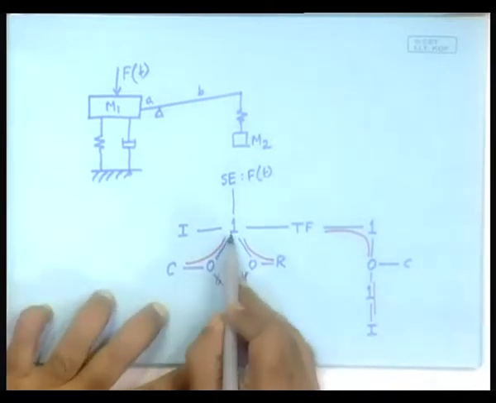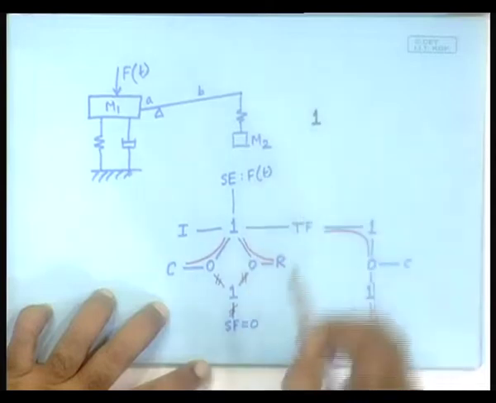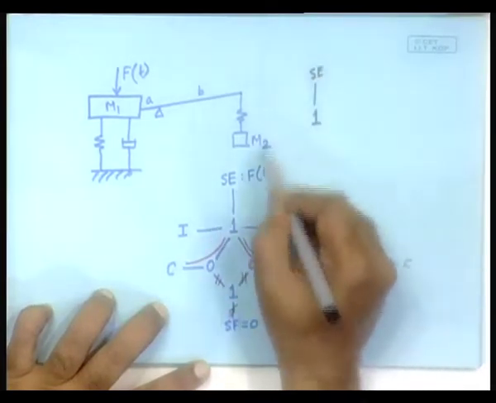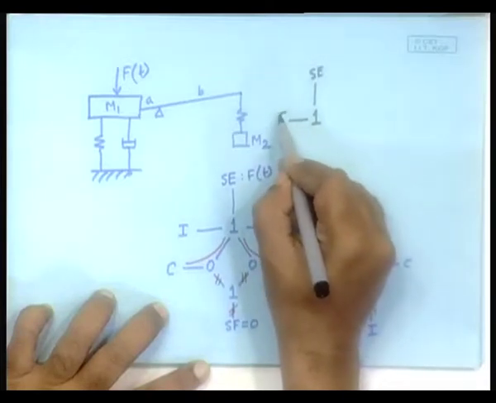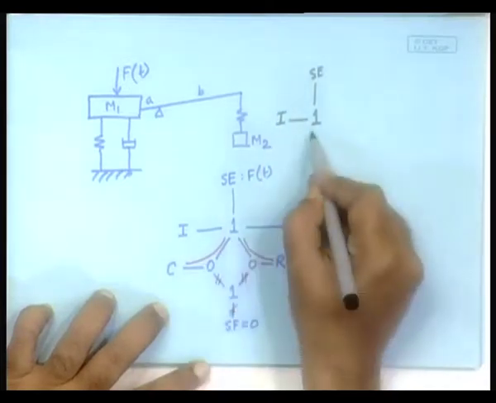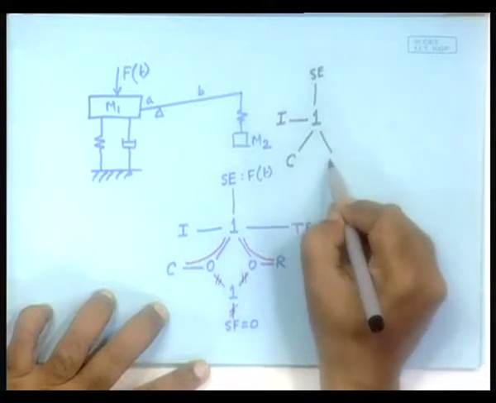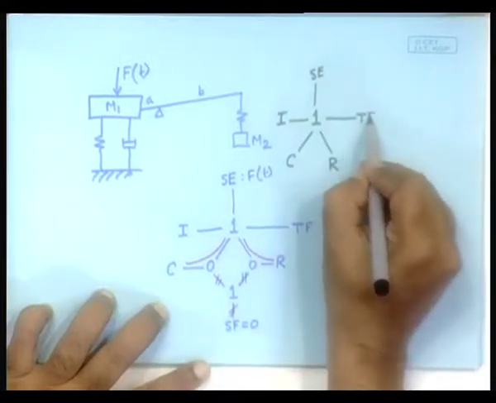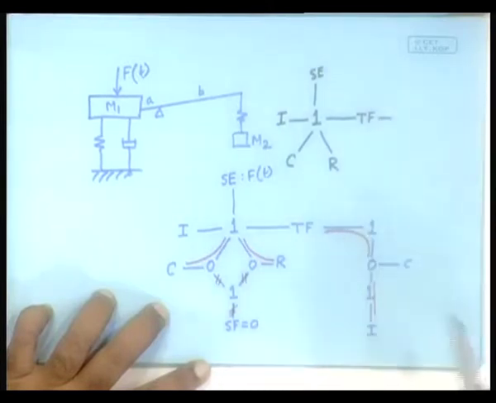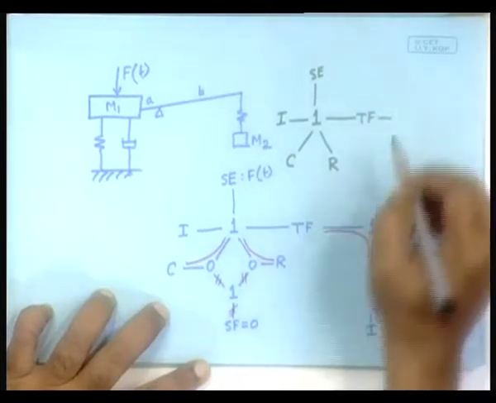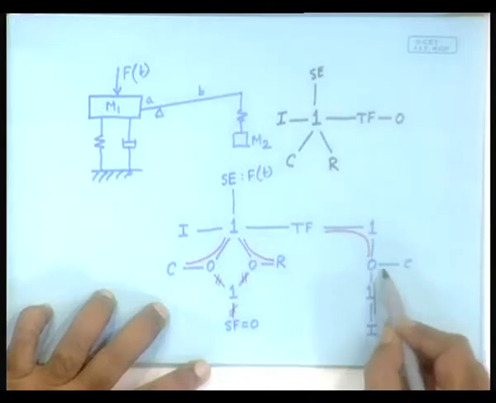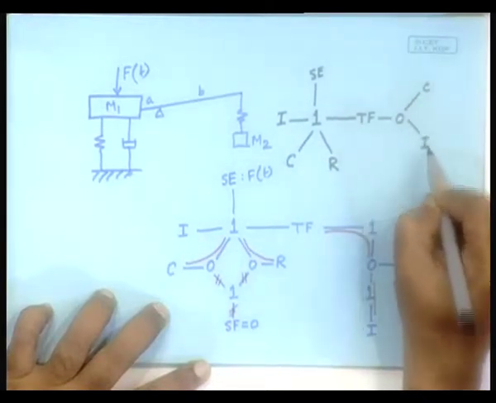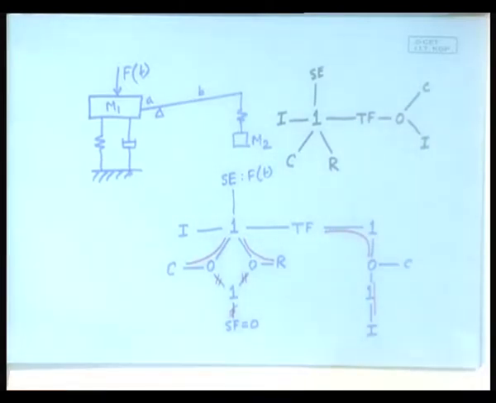Let us start with this one connected to SE, I, C, R, transformer, and then, this is not necessary, to a 0 junction connected to a C and I. That becomes the bond graph.